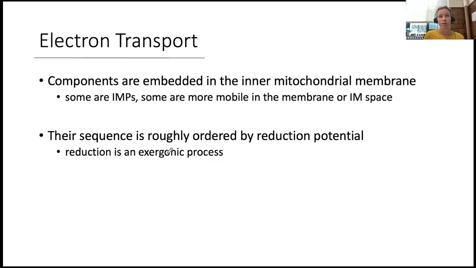Let's keep in mind, folks, that movement of electrons from low to high reduction potential releases energy. So just know that the sequence of proteins and cofactors in the electron transport chain is roughly ordered by reduction potential.